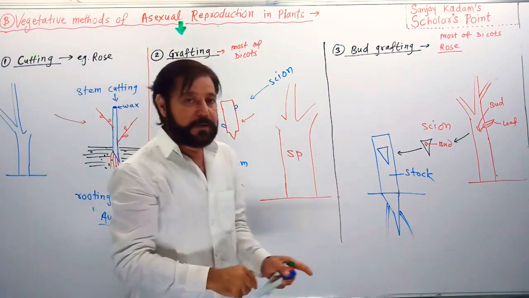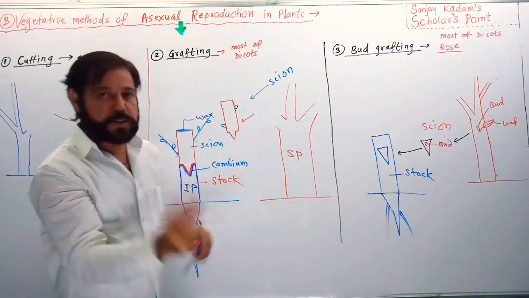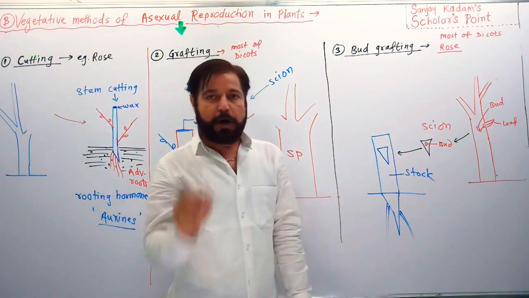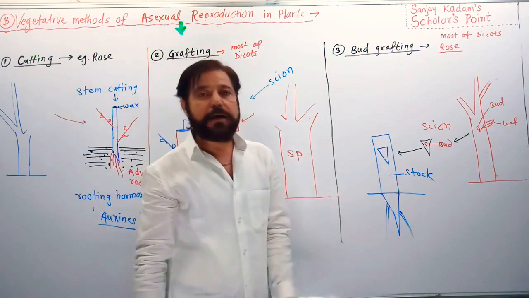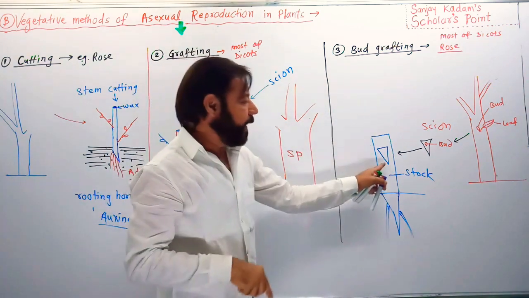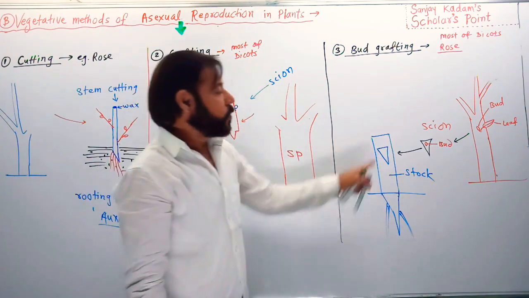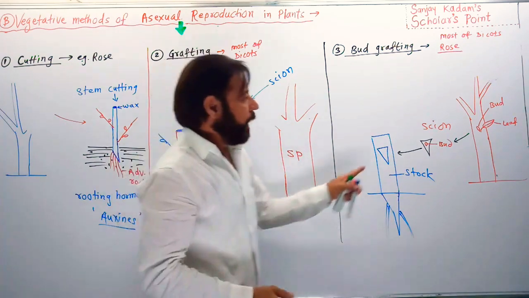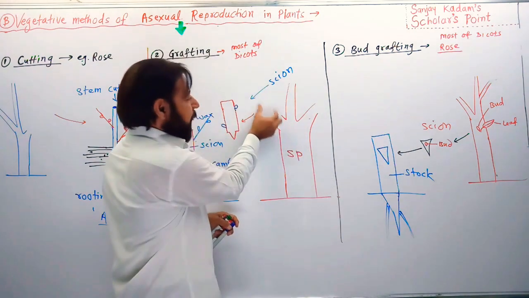But here, in bud grafting, the loss of such a large branch is avoided. Only a bud is carried from the superior quality plant and grafted over the stalk of the inferior quality plant so as to get a new superior quality plant.